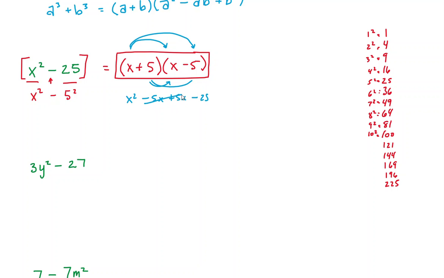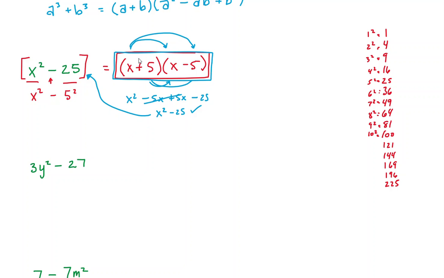Negative 5x plus 5x is 0, and we're left with x squared minus 25. So recognize that's the check. That just shows that we did indeed find the factors that multiply together to give me x squared minus 25. But the answer is x plus 5 times x minus 5. Order doesn't matter. It could be x minus 5 times x plus 5.